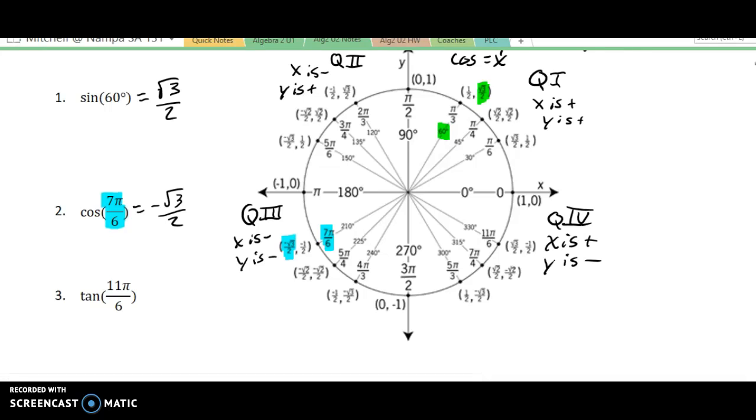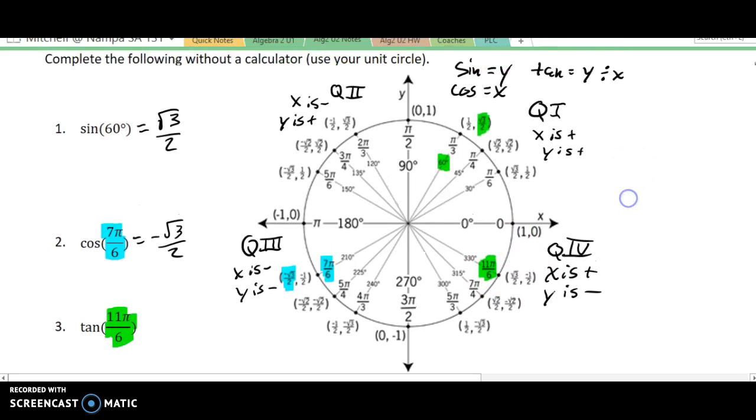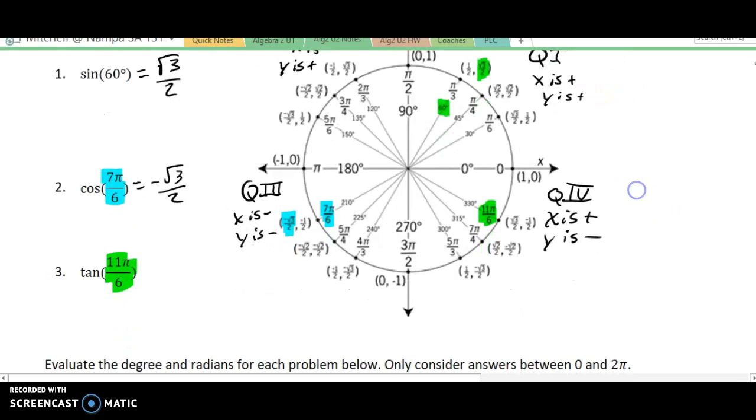Finally, we have tangent. Get a green one out. Okay. 11 pi over 6. Here is 11 pi over 6. 11 pi over 6 is right here. Now, tangent, if we go back to the top, is y divided by x. So it means we need both of these. That means we need to do negative 1/2 divided by the square root of 3 over 2.